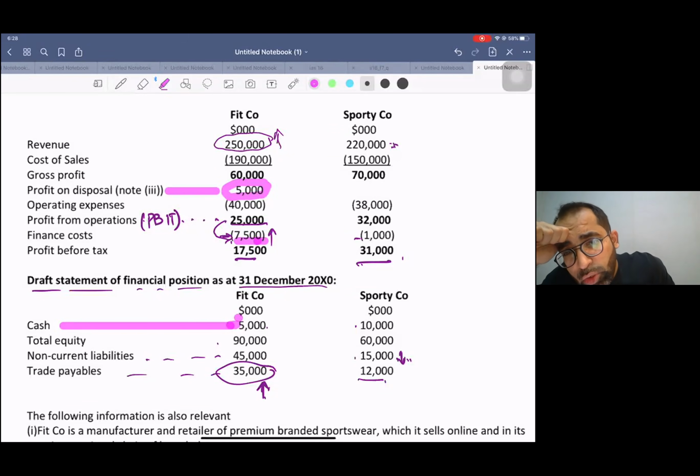So you don't have enough cash to settle this finance cost. So in the long term you will have more problems. This thing you can connect. Okay. Now let's read the question.